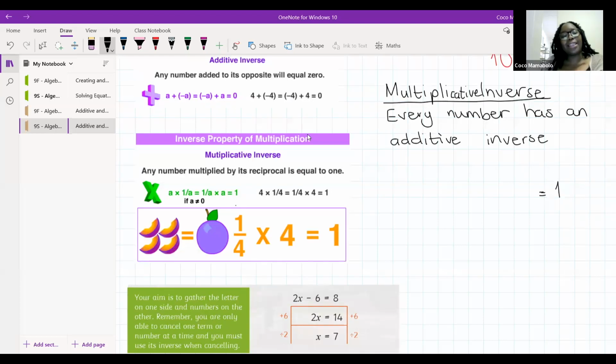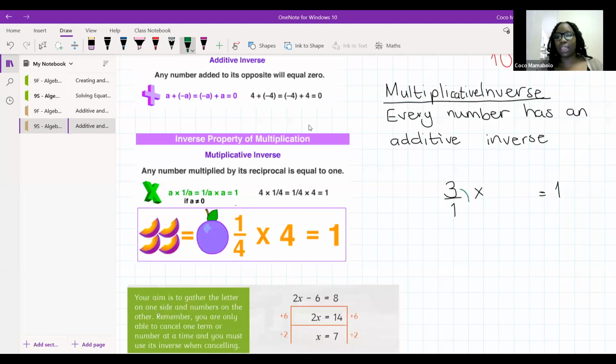So if I said that I have 3, and I want to multiply 3 by something in order for it to give me 1, what I'm going to do is take my 3 and write it as a fraction. So I'm going to write it as 3 over 1. And now my multiplicative inverse will just be me taking this number and flipping it upside down.